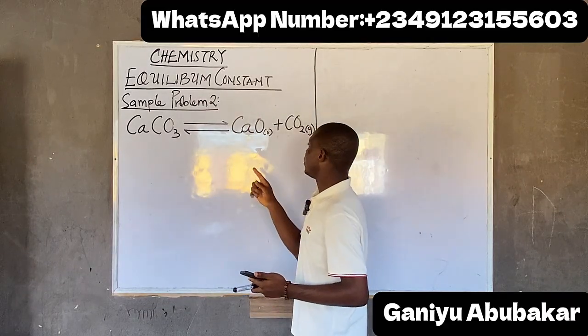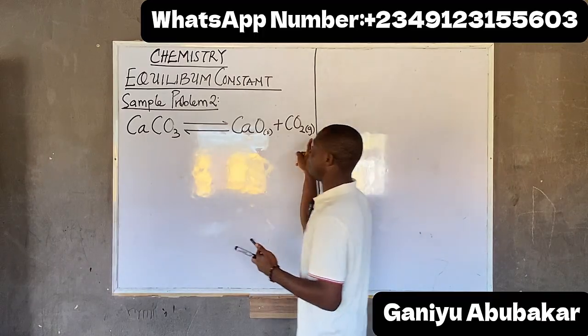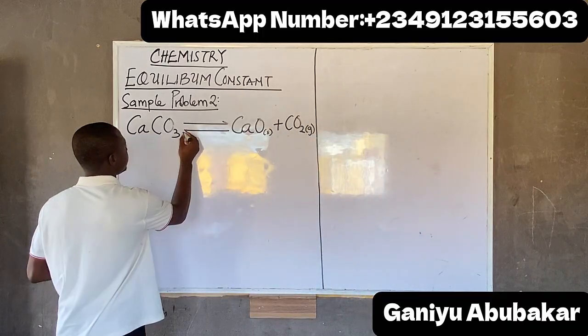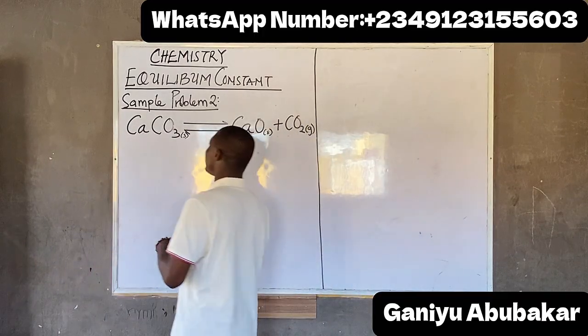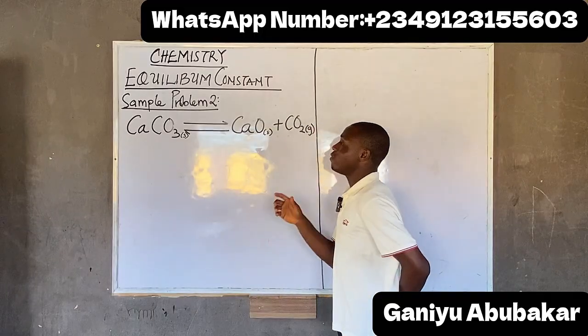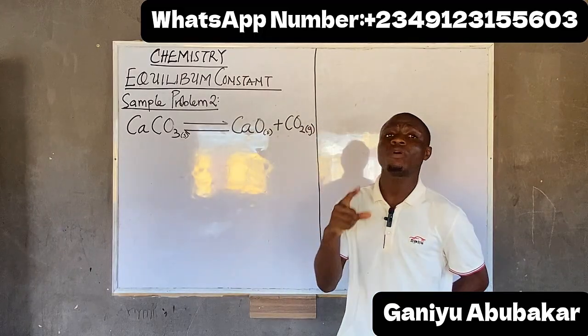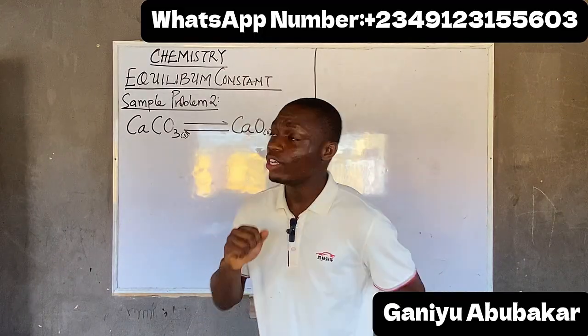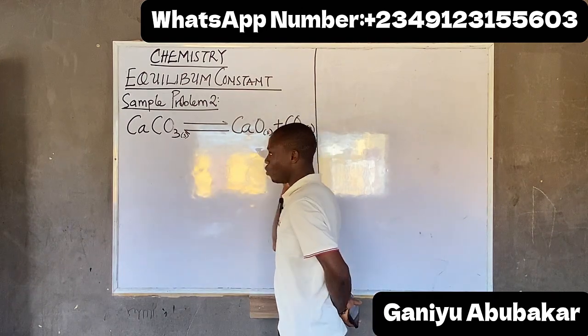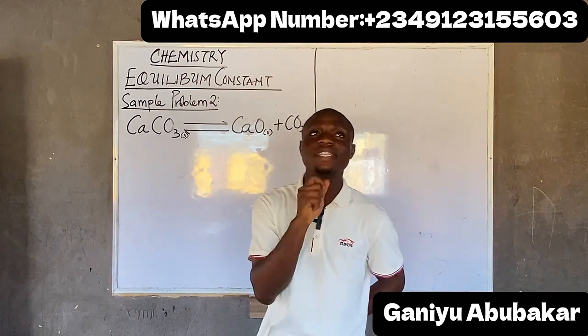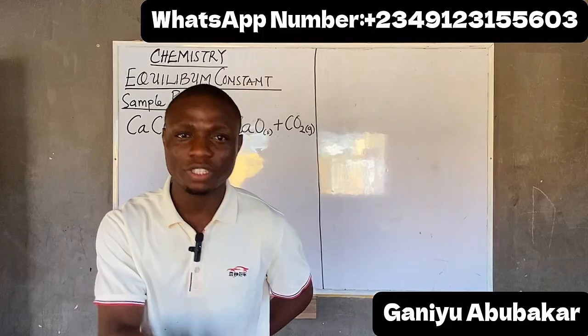So in this question here, this is solid, gas. You're having gas state. Also, this one too is in solid state, right? So by the way, first things first, for every equilibrium constant question, you'll be given a chemical equation. You'll be asked to find its equilibrium constant.